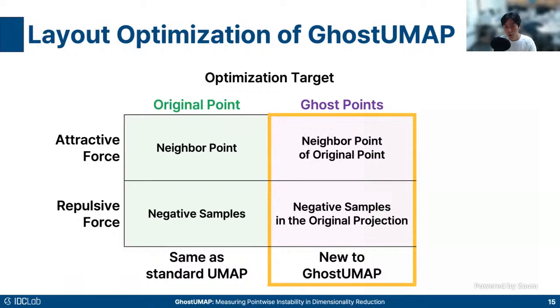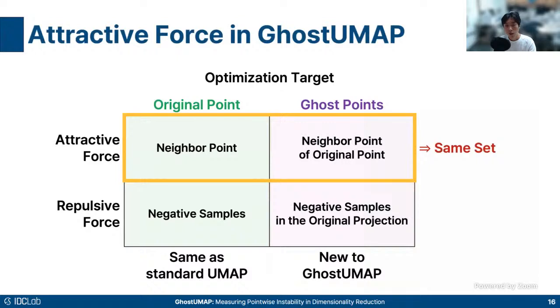However, the forces applied to the ghost points are newly defined. The key point is that the attractive and repulsive forces for the ghost points are not calculated based on other ghost points. Instead, they are applied with respect to the points in the original projection. For the original point, the attractive force is always calculated based on its neighbors in the high-dimensional space, which is the fixed set of points.